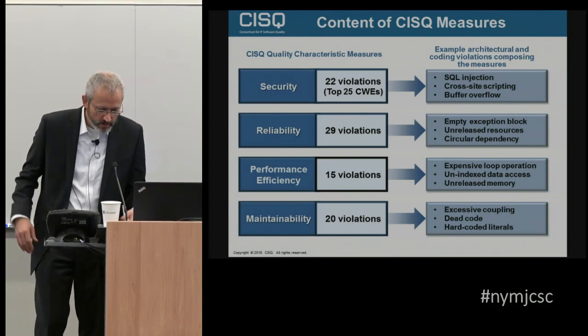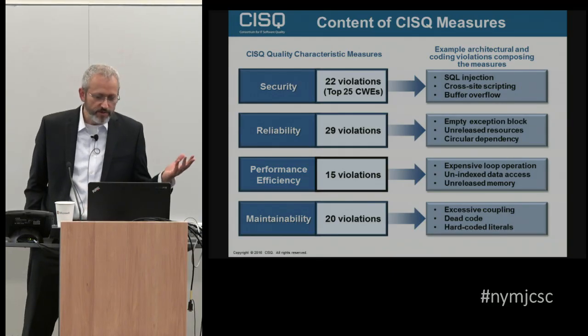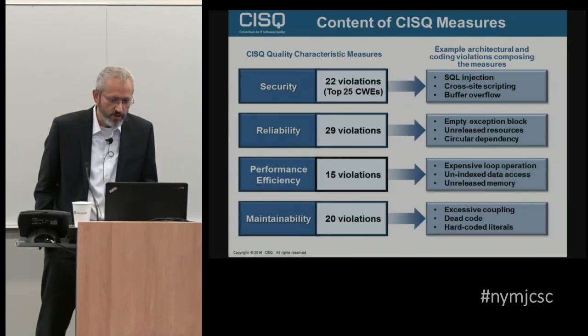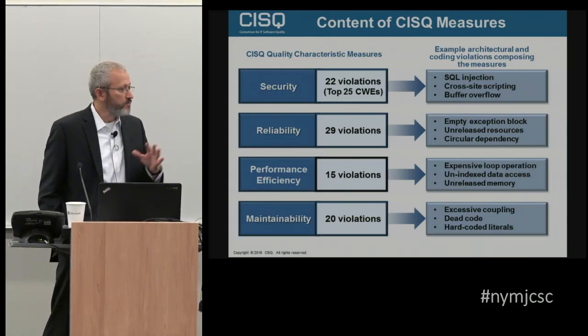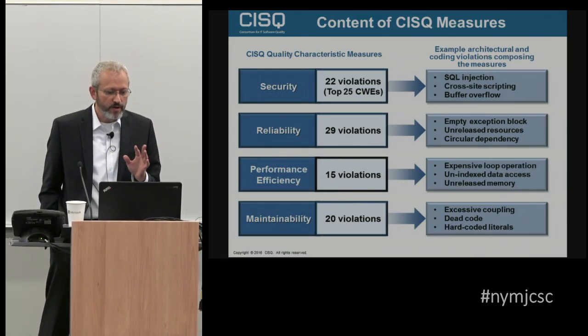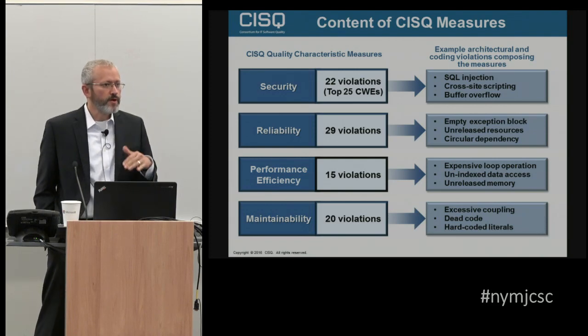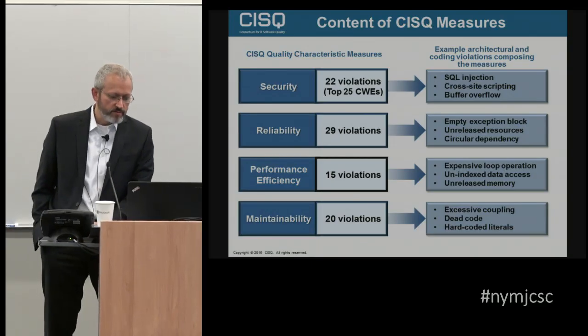And then there are some examples here of the types of issues you'd be looking for. Handling exceptions from the reliability standpoint. In security, and I have another slide with more detail on security, SQL injection, cross-site scripting, buffer overflow, these types of things. Some of them, by the way, bleed over between security and reliability. I think out of the 22 violations, there are something like 5 or 6 that are also in the reliability metric, and I'll talk about that in a minute as well.